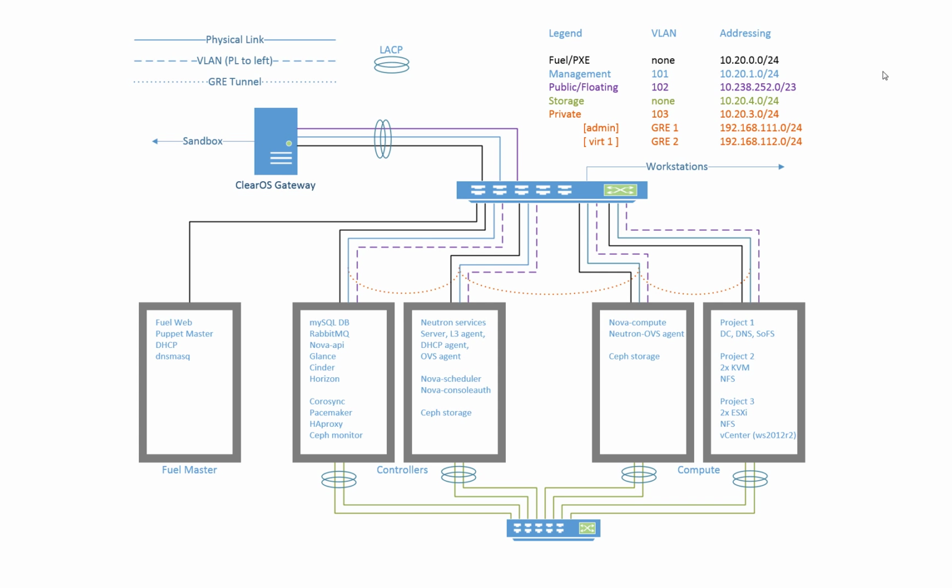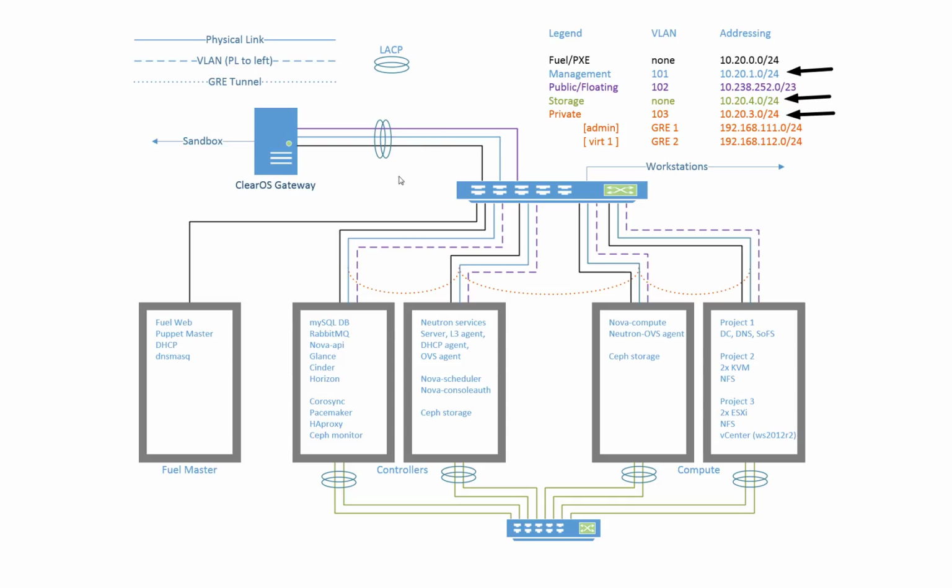You see the addressing information over here. This is just what I used, so none of this addressing information matters. It can be whatever we want. Again, we have the management, storage, and private networks. Those are all going to be internal to the OpenStack configuration, so those address spaces won't communicate with the rest of the network.